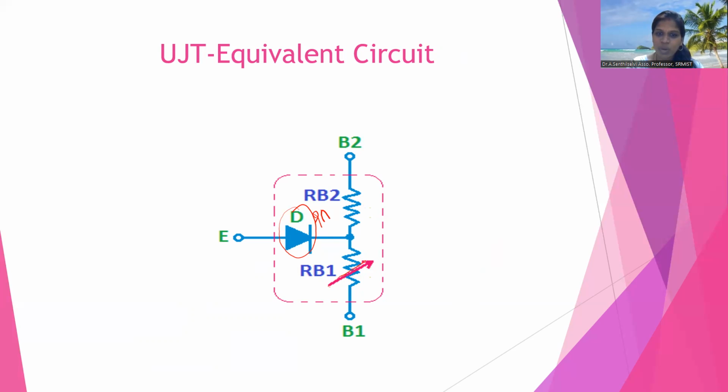In RB1 we mark one arrow. What is the meaning of this arrow? It is a variable resistance. Why is it variable? Depending upon the application of base voltage VBB, this resistance value will change. This is about the equivalent circuit.